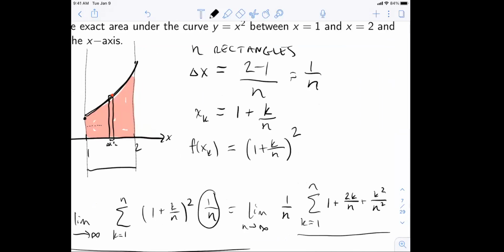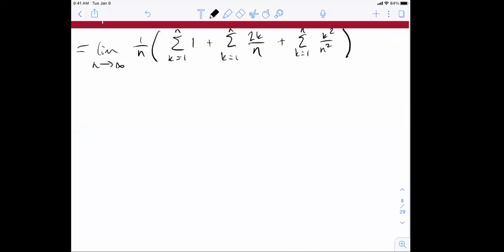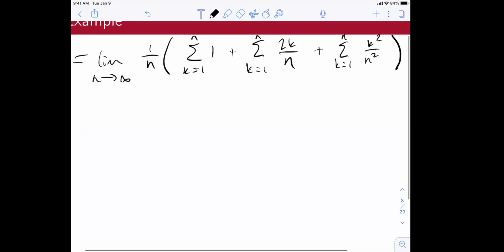Plus the sum, k equals 1 to n of 2k over n. And then plus the sum, k equals 1 to n of k squared over n squared. Questions on that? On what I did there?